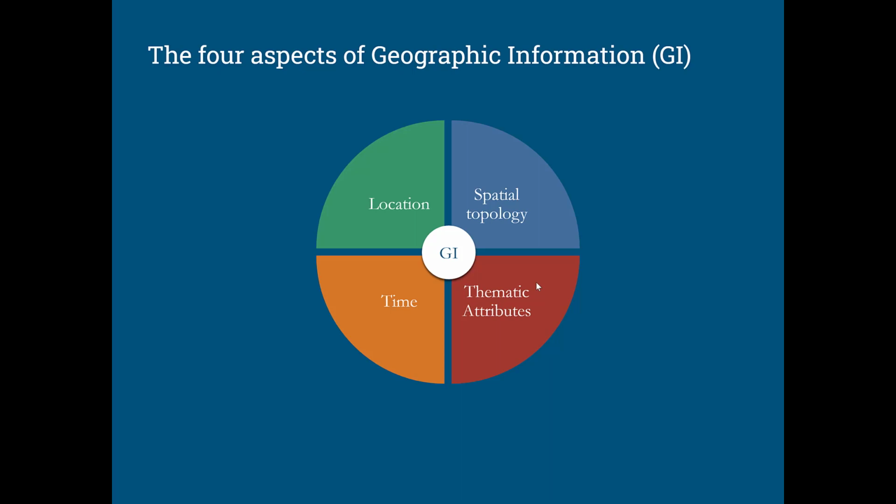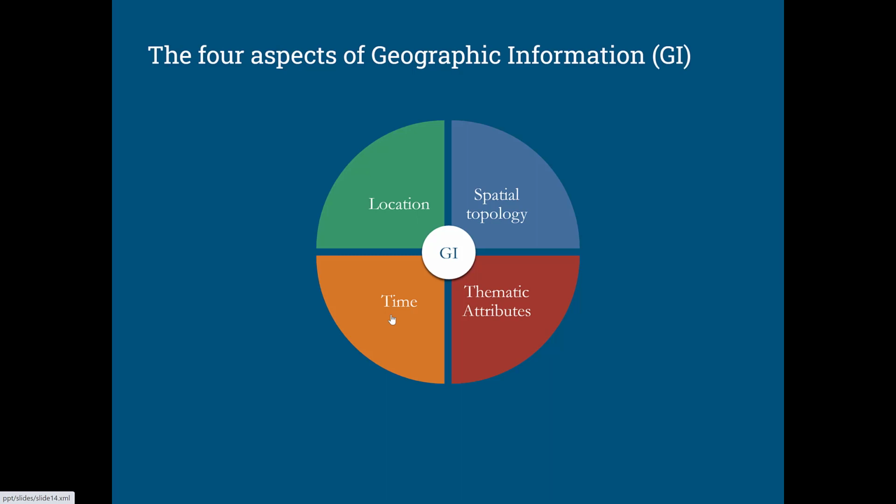In addition to that, we have two optional components. One is called time. For some geographic information, we care how it changes over time, for example, the intensity of Hurricane Ida. Over time it changes.